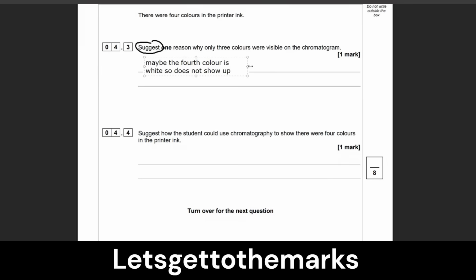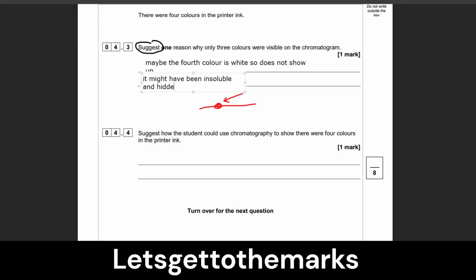But more than likely, if I go back to the diagram, like we had the red color at the bottom, which didn't move. Maybe there's a lighter color in there, like pink or orange, that's hidden behind that red color. So we might say it might have been insoluble and hidden by the red.